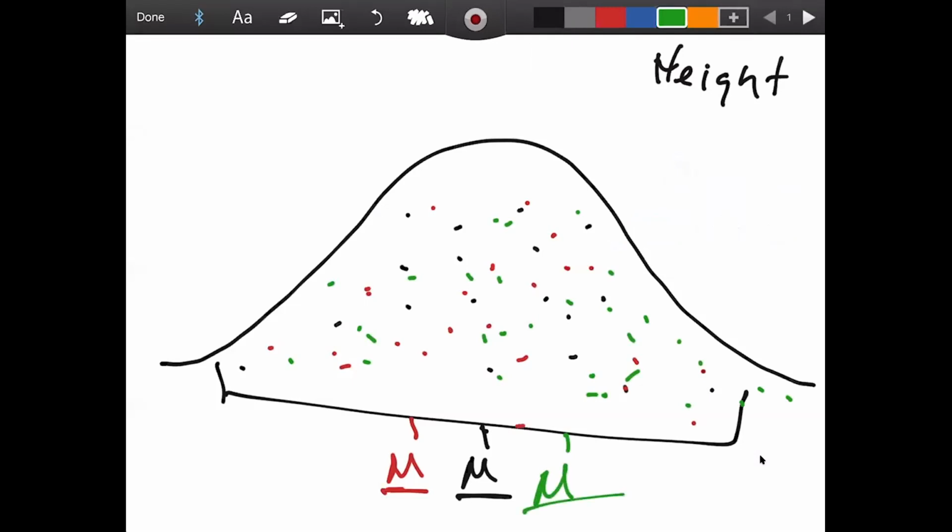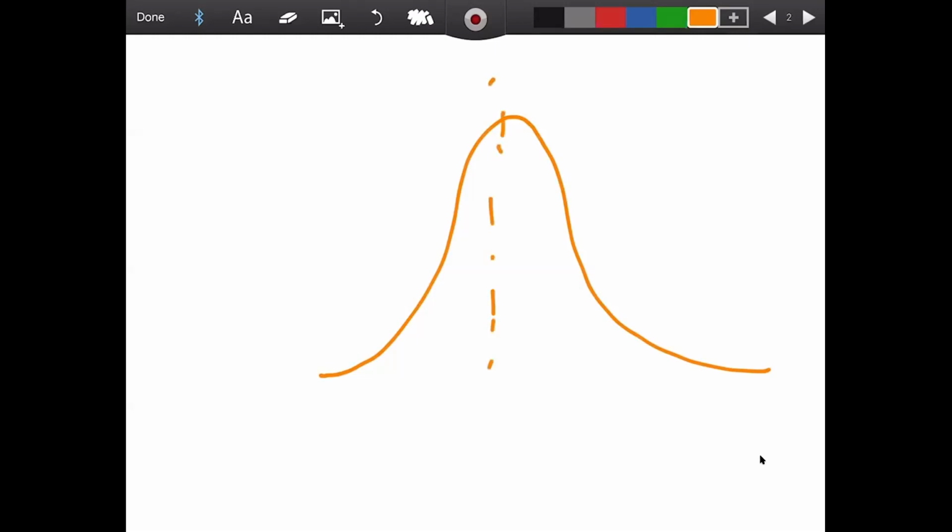And what we're doing for the distribution of sample means is taking all of these means and we're plotting that into a new distribution. And so you can get from this distribution what's known as the mean of means, right?